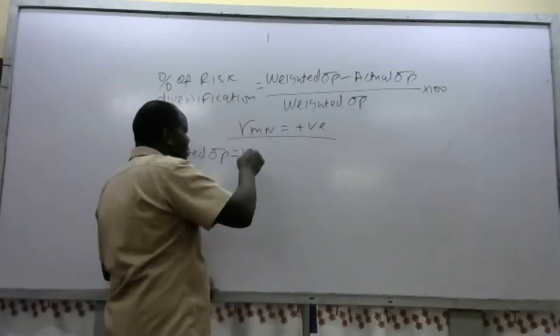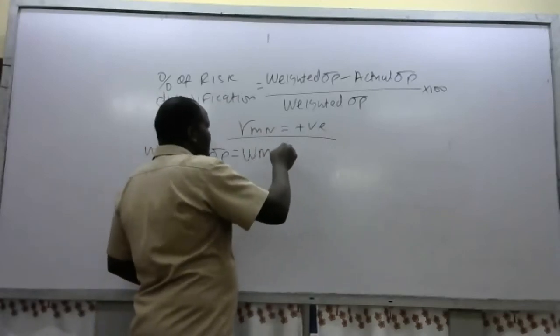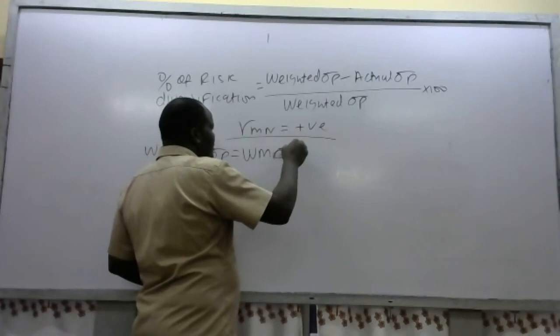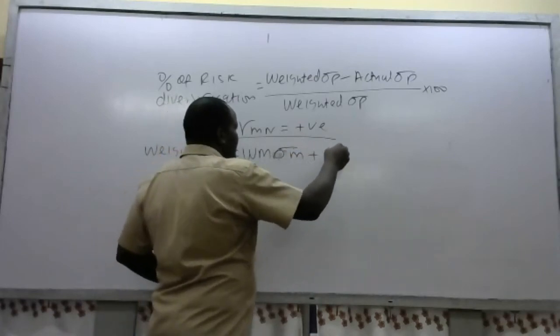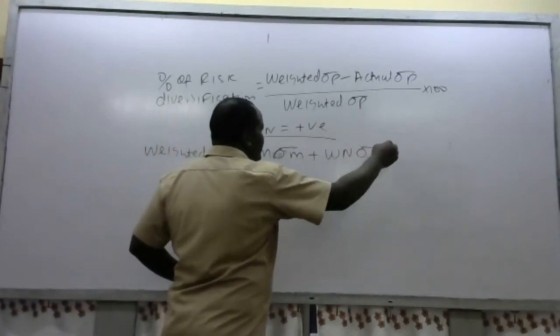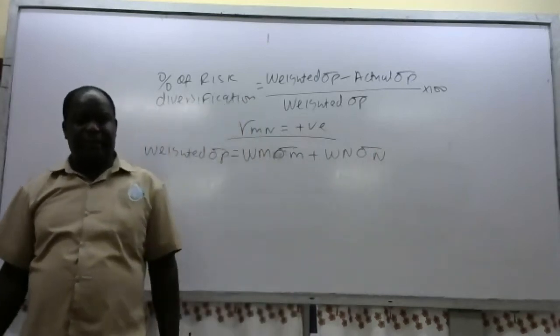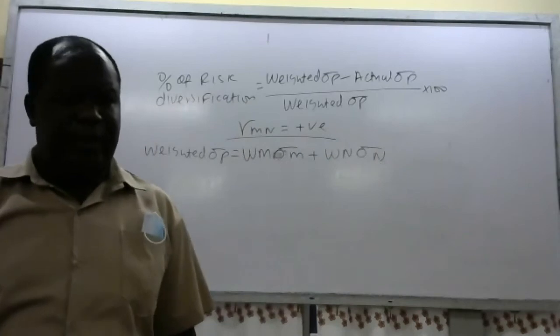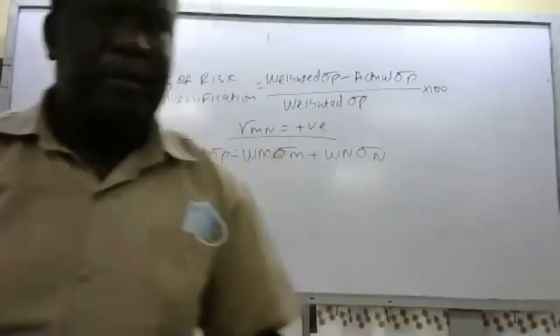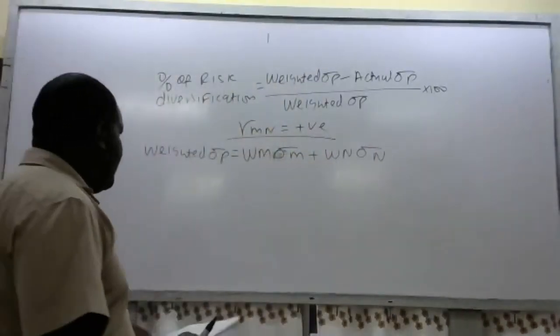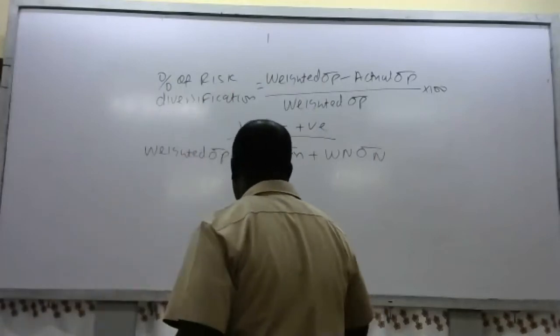So we get the weight of M, and then the standard deviation for M, plus the weight of N, then the standard deviation for N. The weights are already given.